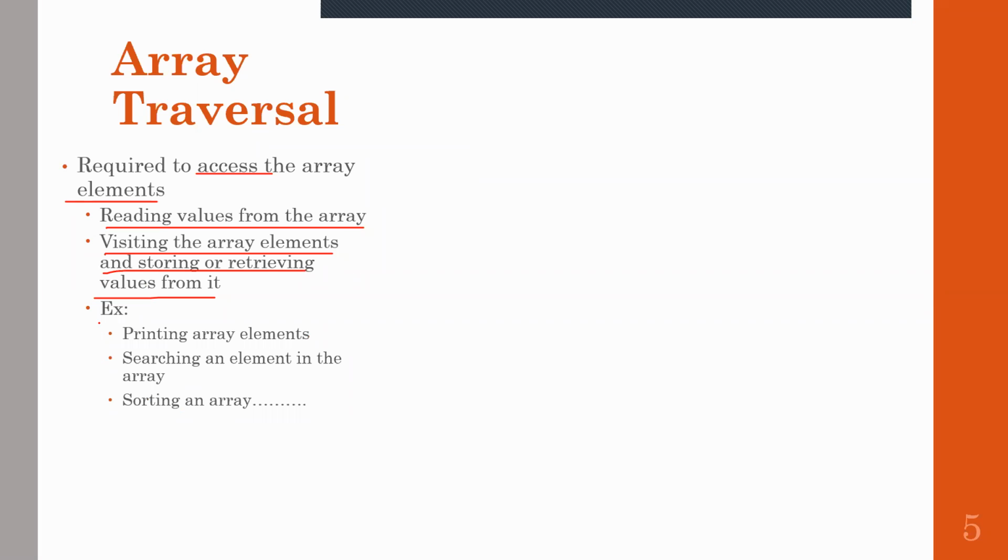Now where can we look at these cases? We can look at printing array elements. If I just want to print what is present in the array, I have to traverse through the array and use the print instruction. If you want to search for elements, you have to traverse through the array. If you want to sort the elements, again, you have to traverse through the array.